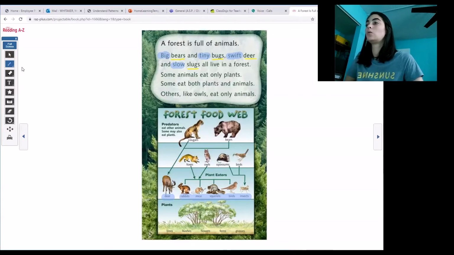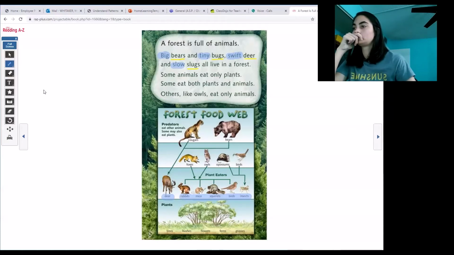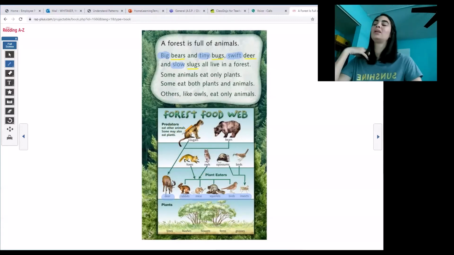So the ones that only eat other animals, these are plant eaters? Some may also eat plants. So we're not really sure because, oh, actually, others, like owls, eat only animals. So if we look at it, on top it says these are predators, and they may eat some plants. So they don't only eat animals.